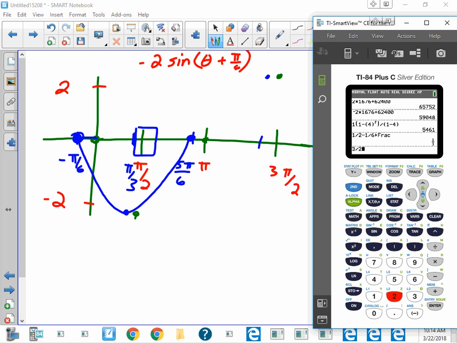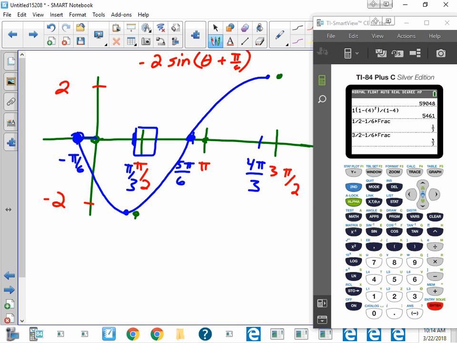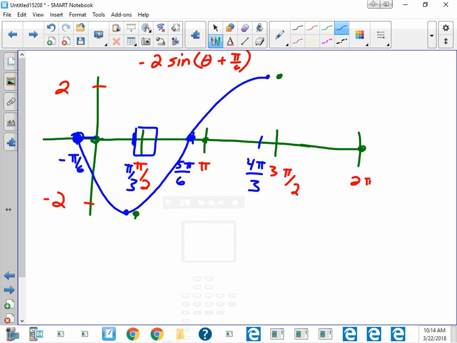So 3 over 2 minus 1, not divide or multiply, minus 1/6 is 4 pi over 3. And then I'm not going to go all the way to 2 pi.